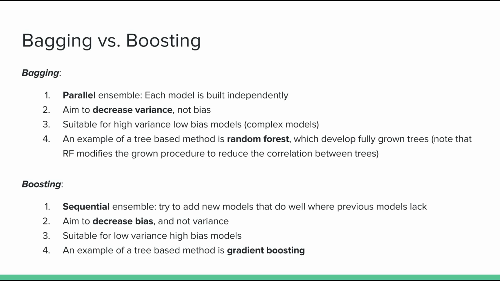In boosting, we try to decrease the bias instead of the variance in the data, whereas in bagging we try to decrease the variance. A very famous example of bagging is the random forest, and for boosting it is the gradient boosting regressor, as we have used in the previous slides.